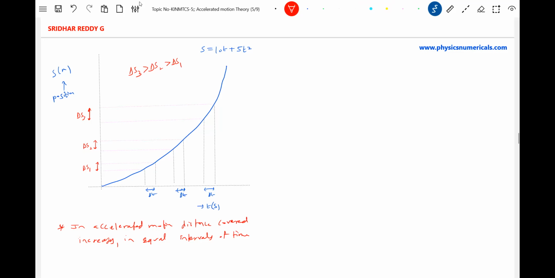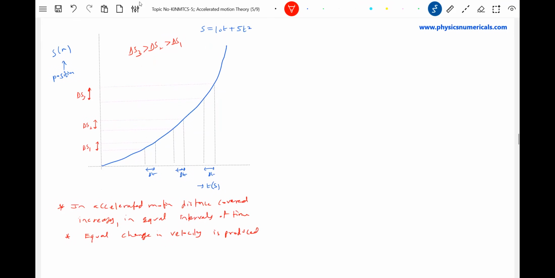Equal change in velocity is produced in equal intervals of time. I think that we have already discussed. Equal change in velocity is produced in equal intervals of time. This is the one thing.